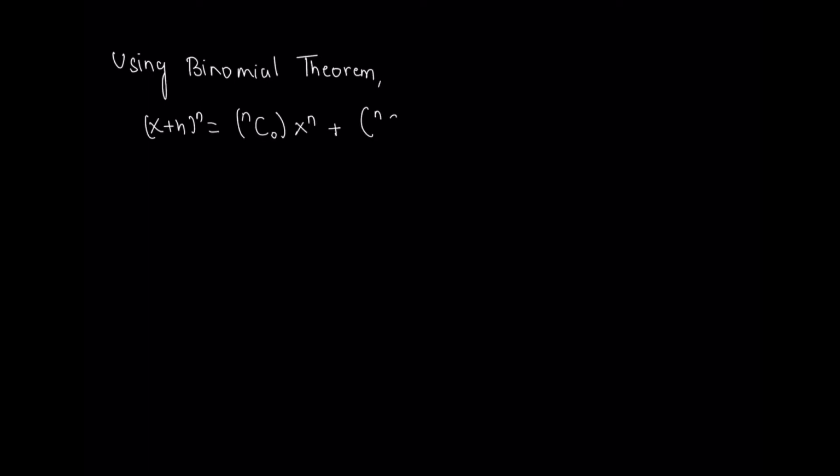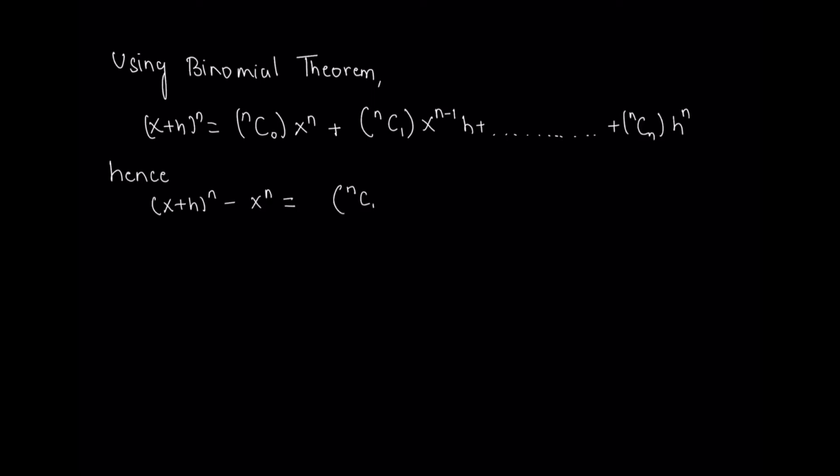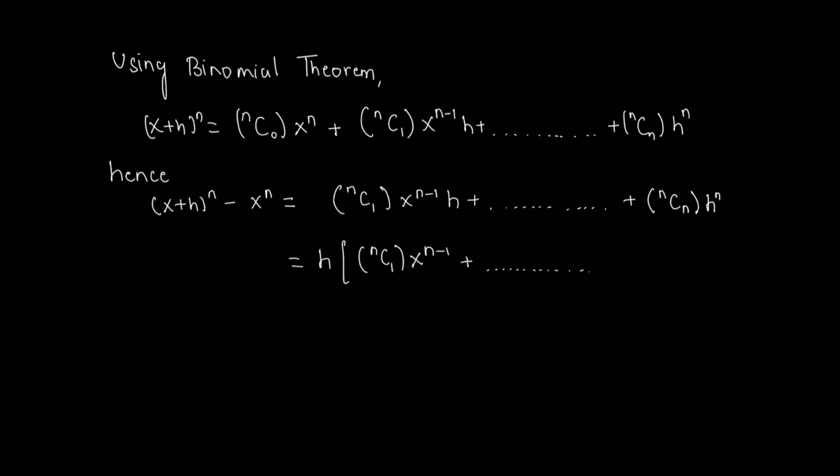Now, by using the binomial theorem, I can write (x plus h) to the power n as the following expression. And if I subtract x to the power n from both sides, it will be left as this. Now let's take h common from this expression, and I'm left with this expression, and let's mark this as equation number 2.